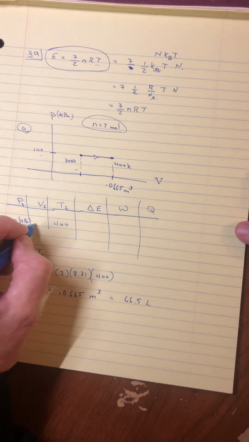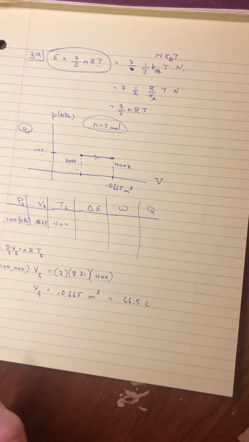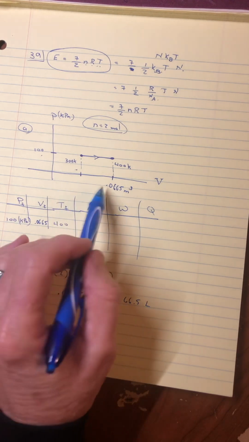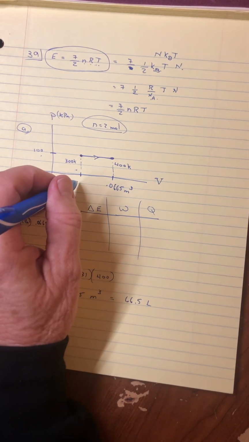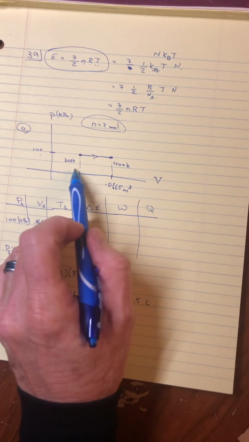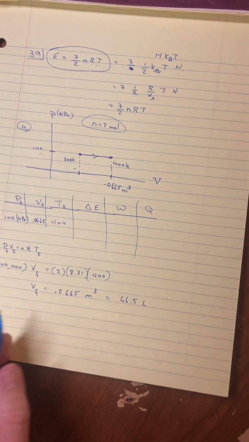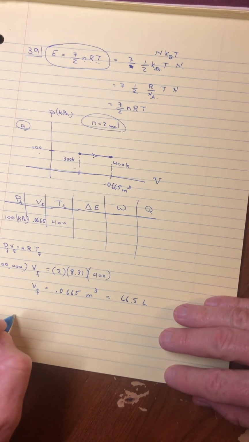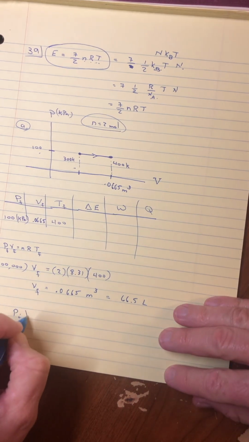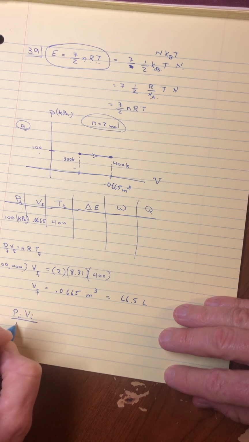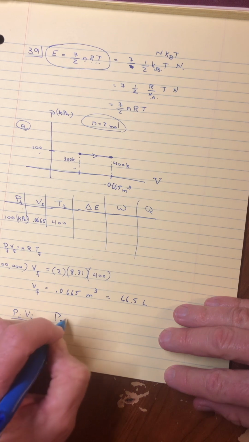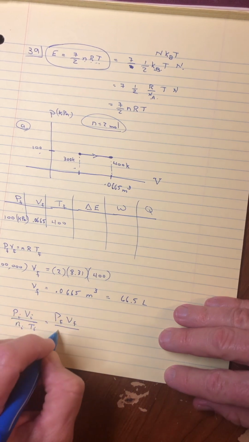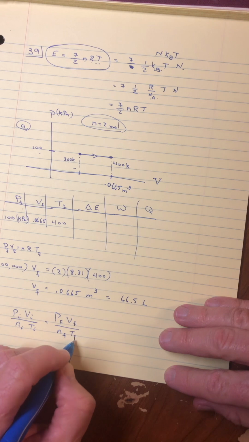And so that's, I think, as much as I really have to do. I have a feeling that later on I'm going to need volume. So why don't I just take a moment and do the initial volume, and you can kind of see then it's going to be 3/4 of that, because I could do something along these lines. The initial pressure times the initial volume divided by the number of moles divided by the initial temperature is equal to the final pressure times the final volume divided by the number of moles and the final temperature.